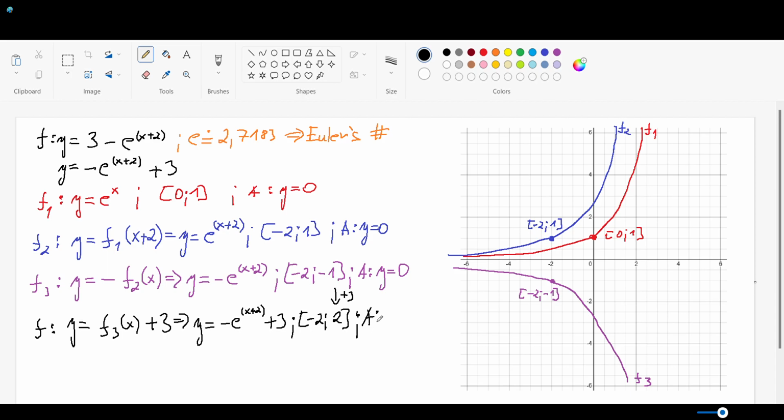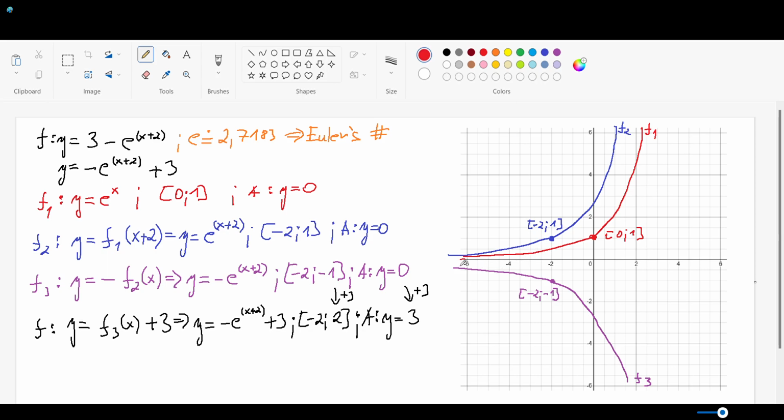But in this case our asymptote will change position. It was y equals 0, and if we add 3 to the asymptote, then our asymptote equation will be y equals 3. The same thing applies here.